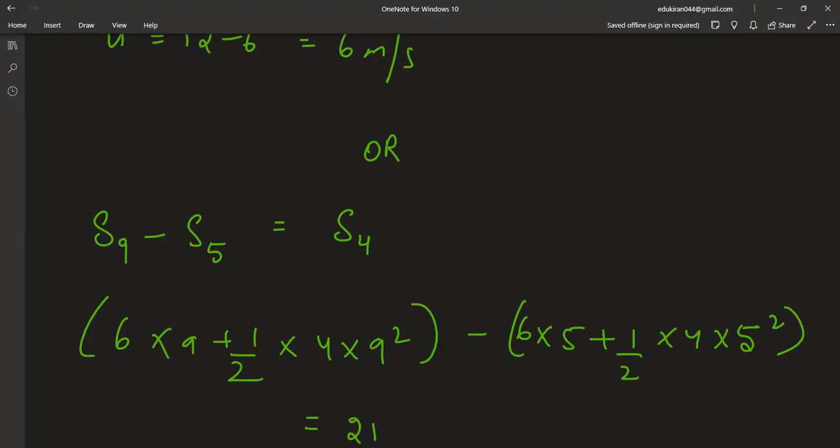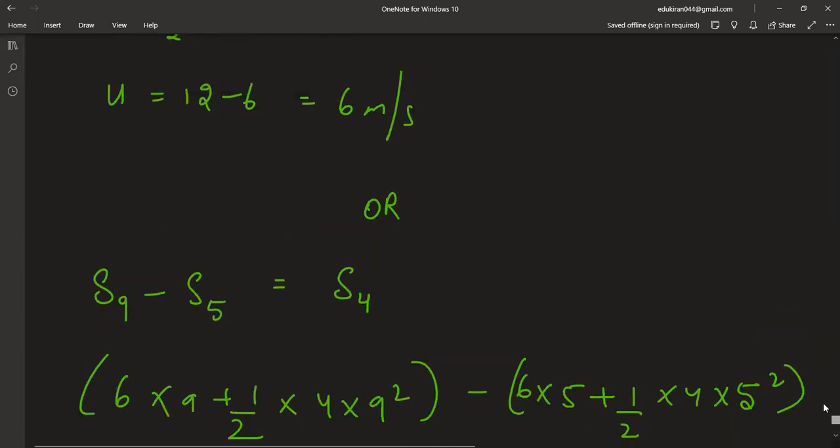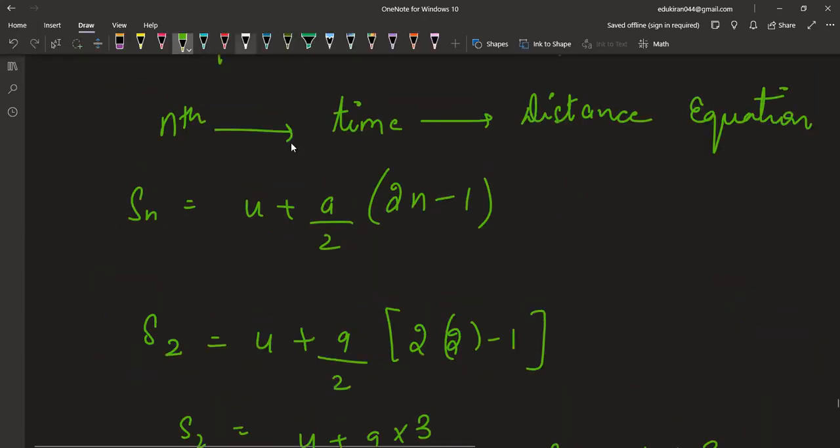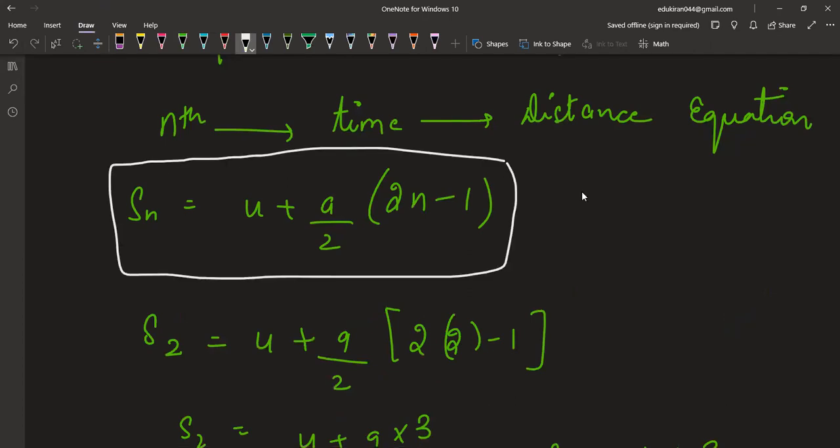This becomes 216 minus 80 is equal to 136 meters. Just you have to remember something in this question is this equation. This is the equation for nth time. Noted down everything?